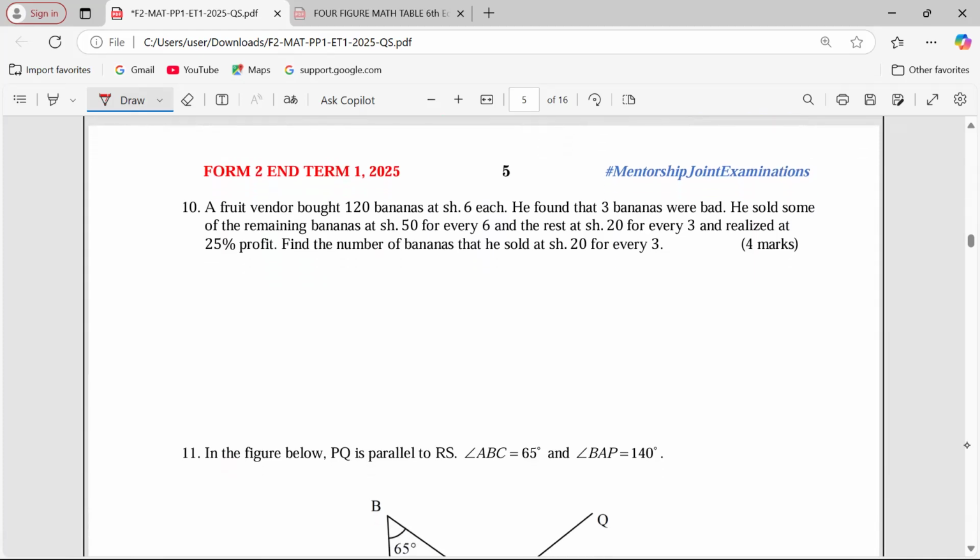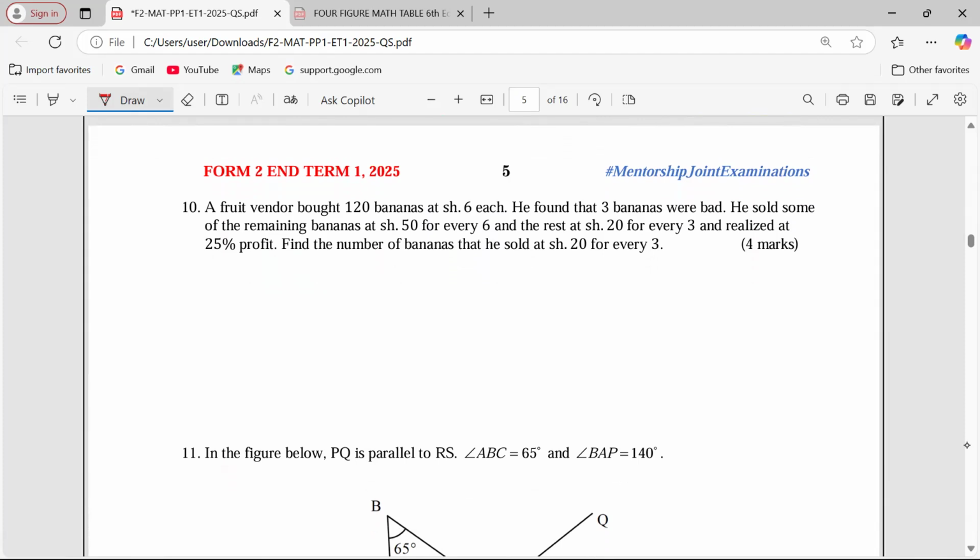Now look at number 10, whereby we are told that a fruit vendor bought 120 bananas at 6 each.